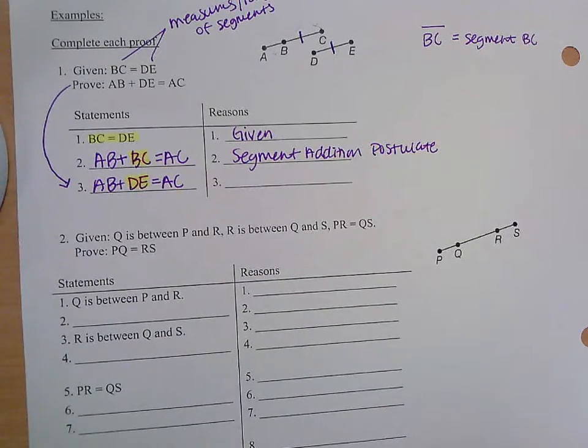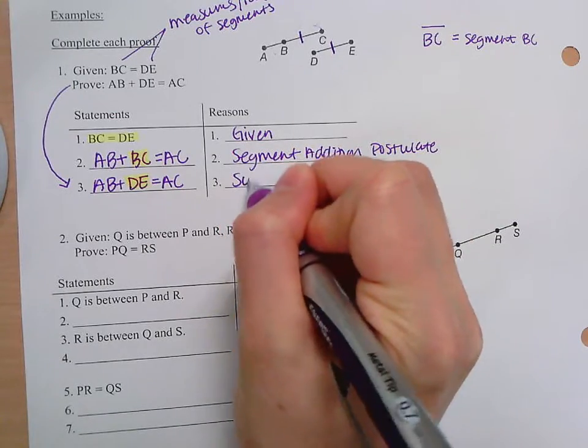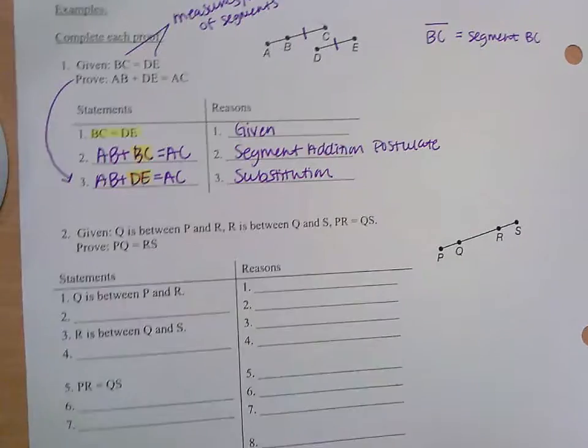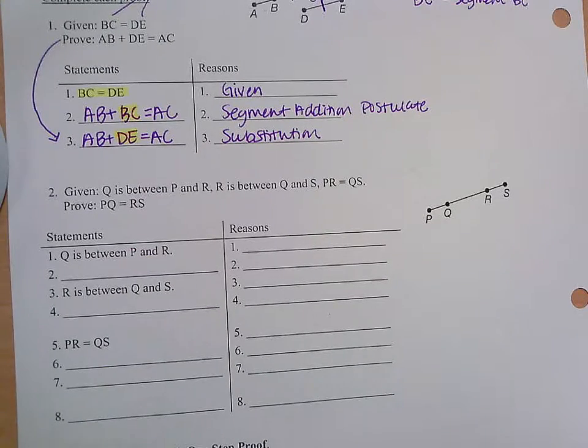So that's the substitution property, or you can just put substitution. So you look at the lines that you have above and use those to fill in the rest. Questions there? Okay.